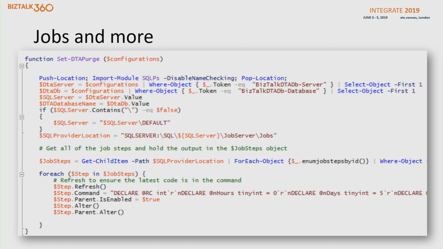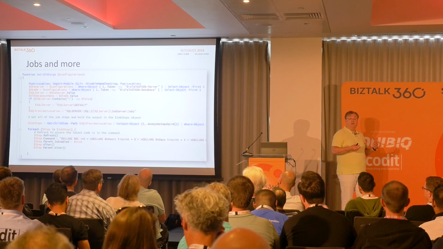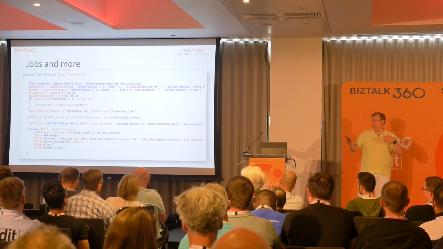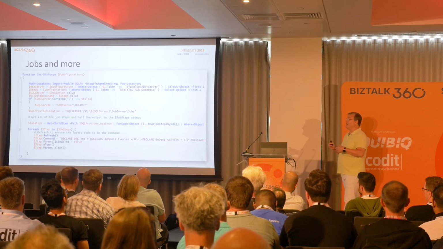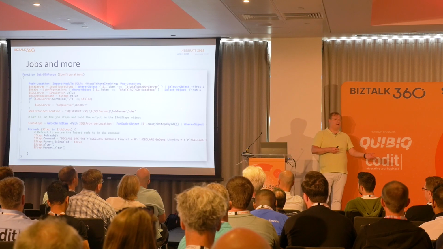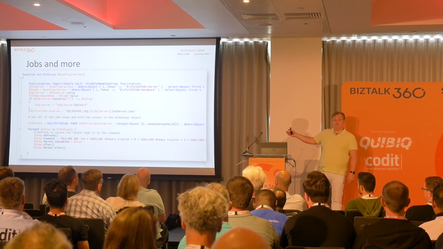More things you can do, the jobs. Anyone forgotten to configure the DTA purge? Yeah, we have some. You can do this. You can actually do the same with the backup job. So you could have, either in your secrets file or in your configuration file, a placeholder for where you're going to have your backups, and then you can configure this.